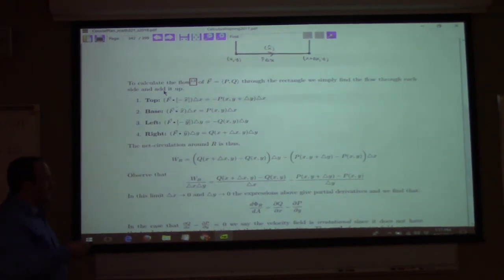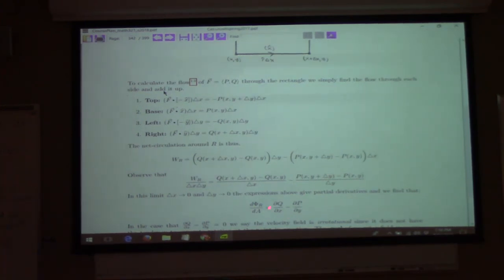Anyway, so divide that by delta x delta y, we get the work per area, or if you like, the circulation per area done by the vector field, is the difference of these two differences. And as the limit delta x and delta y goes to 0, well, that's a partial derivative of q with respect to x, and that's a partial derivative of p with respect to y, rather.